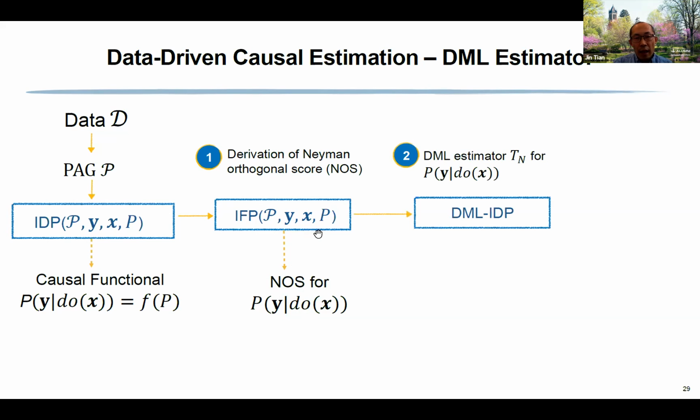And based on the Neyman orthogonal score, we are able to develop a DML estimator. And we call our algorithm the DML IDP algorithm.